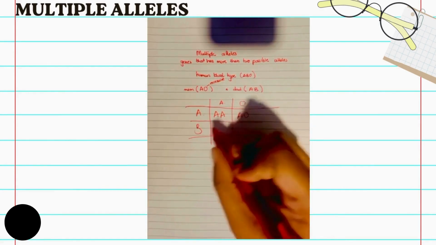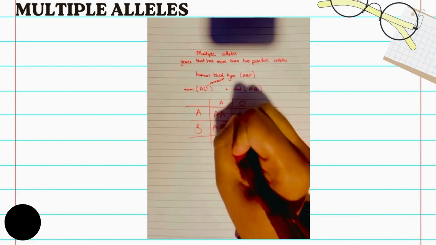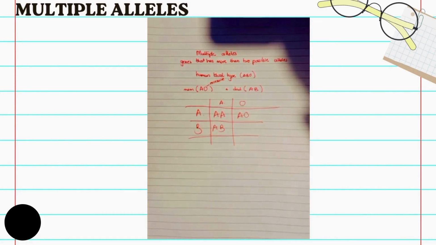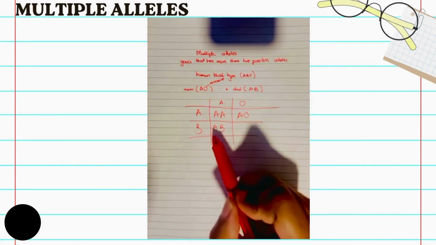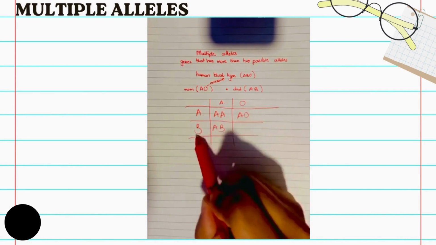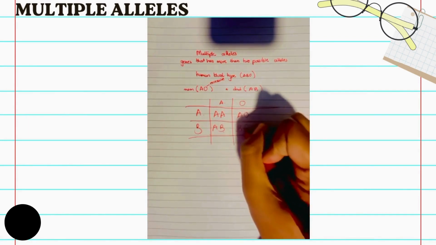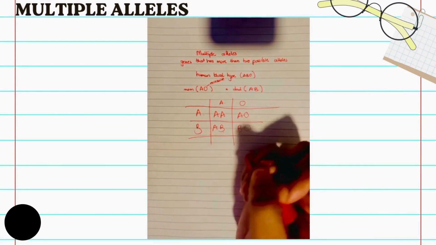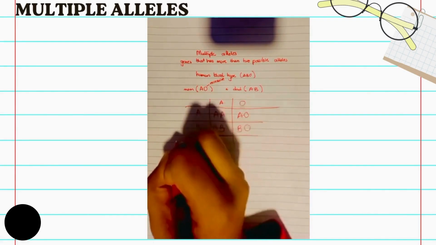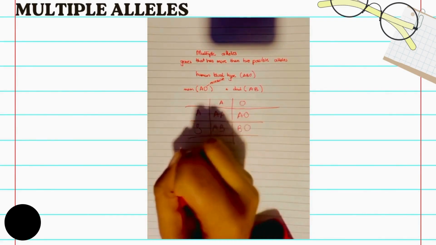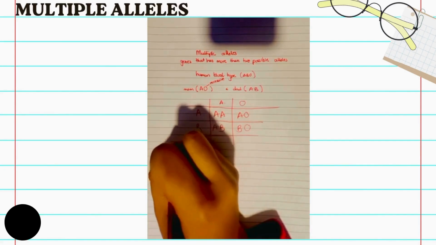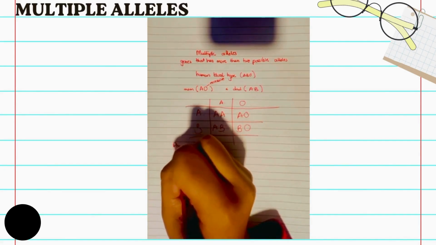And dad has blood type AB because the alleles for A and B are both dominant, so you will have both of them presenting. So we're going to cross the alleles, as you can see, AO and AB. This is how you do the Punnett cross for multiple alleles.